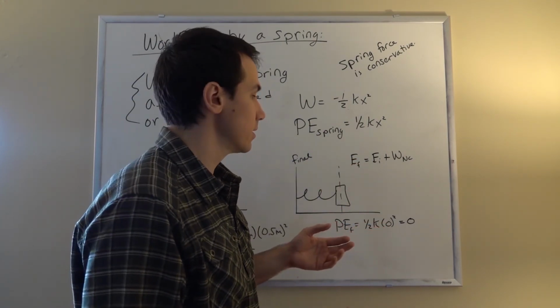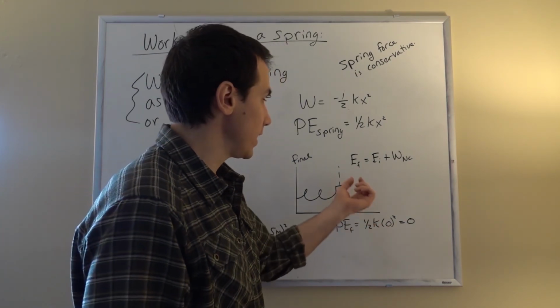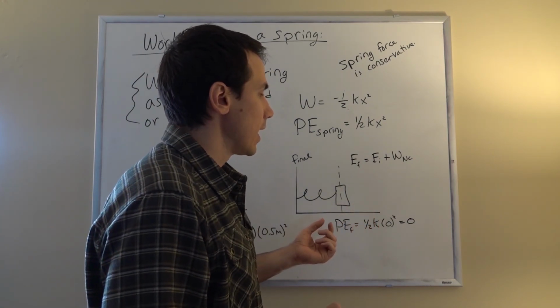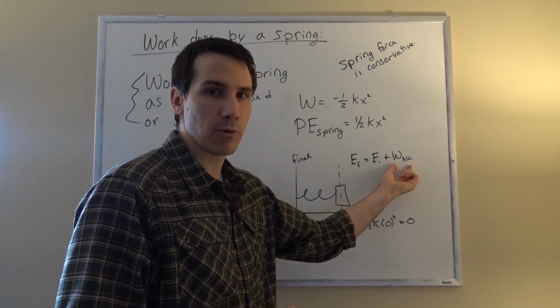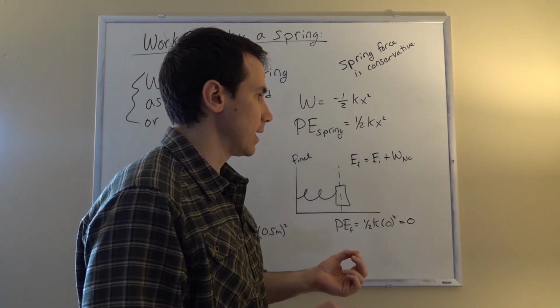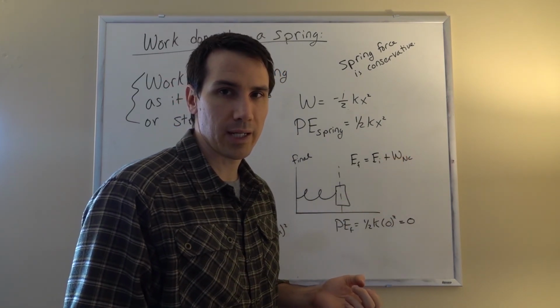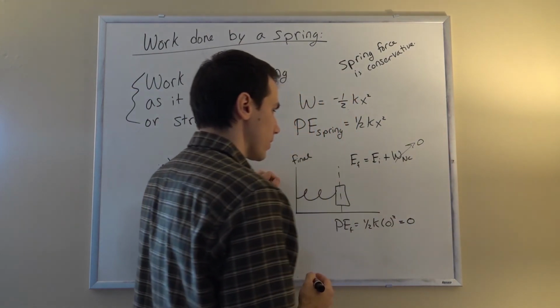So those two forces count as energy that we keep in our energy initial and energy final equations. Our work non-conservative, our work done by other forces, is separated out here. But in this case, that is 0.